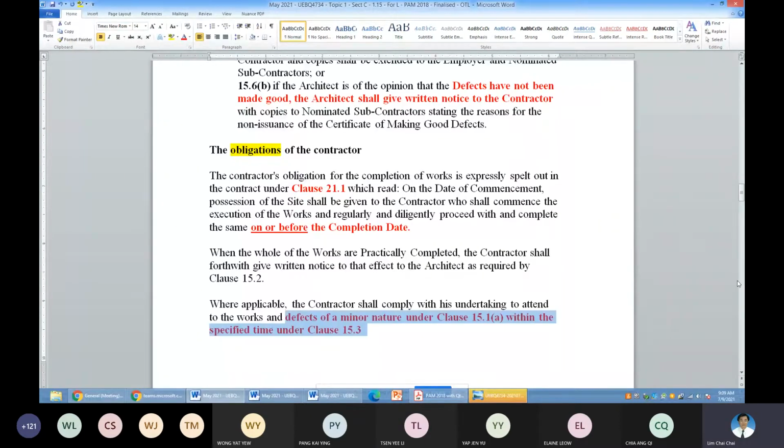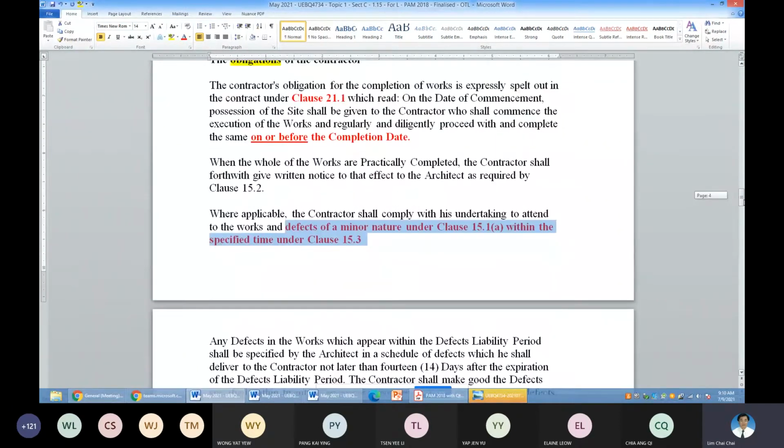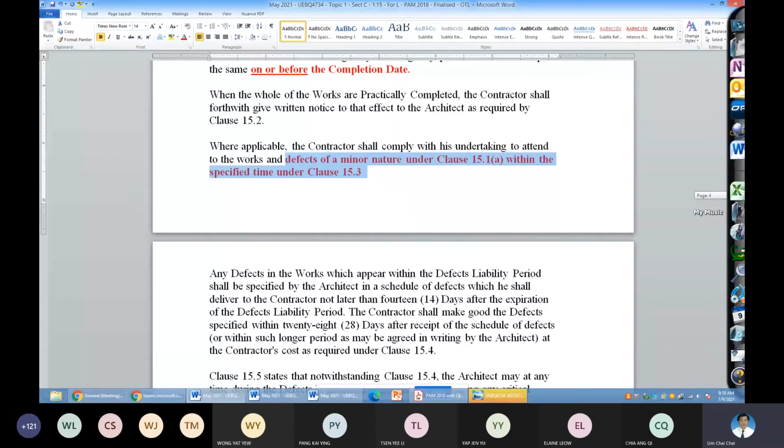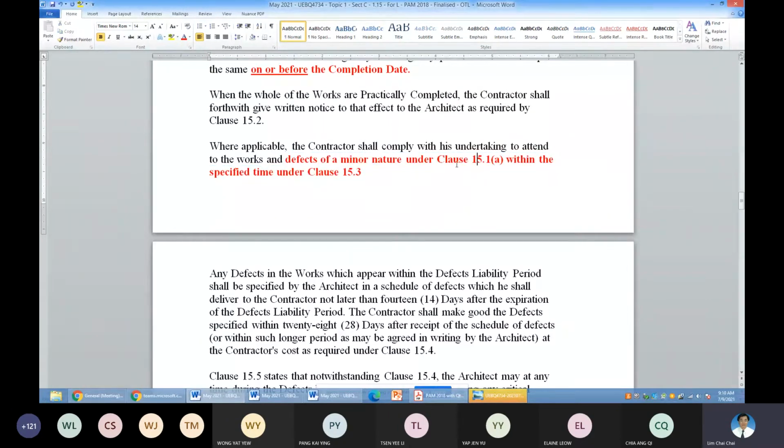You have your initial list, you have the subsequent list, and so on. So 15.1a is the initial list. Then you have your last list as 15.4. So these are the lists, the starting and the ending. But in between, clause 15.5 is operating. That is your recurring list.